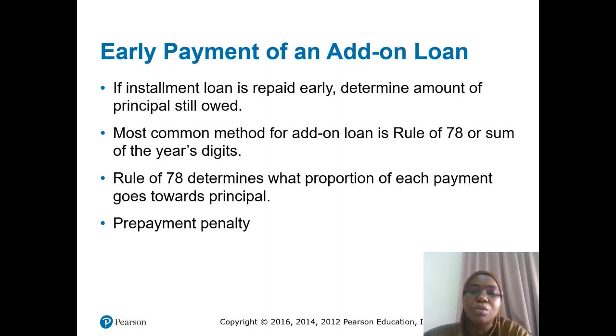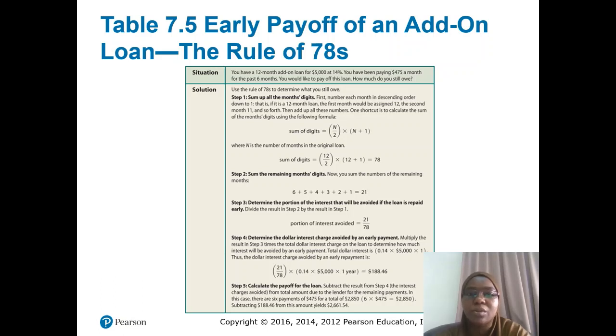So I'm going to attach a video to the portal for you to see how the Rule of 78 is also used to calculate the proportion of each payment that goes towards the principal. So here is the early payoff of an add-on loan, or you may also refer to your book, the soft copy of the book that has been attached to the portal. All these are detailed there so that the video will not be too lengthy.